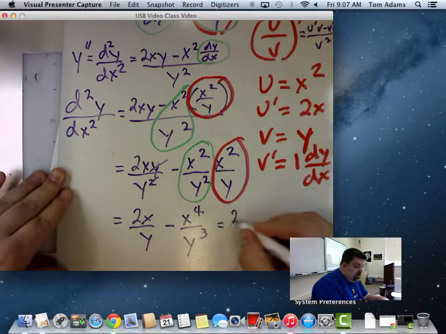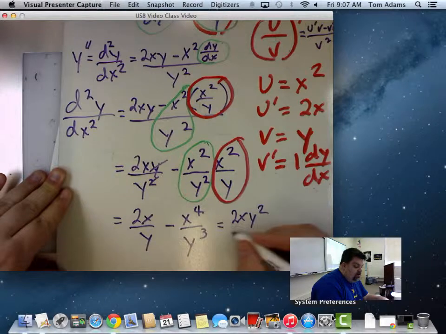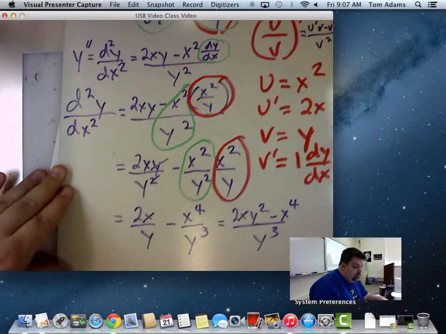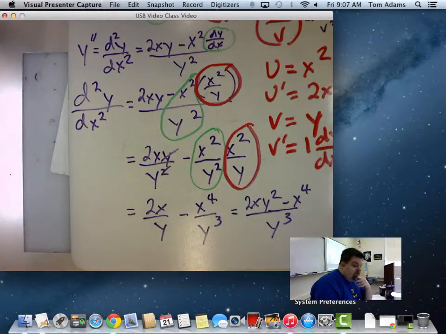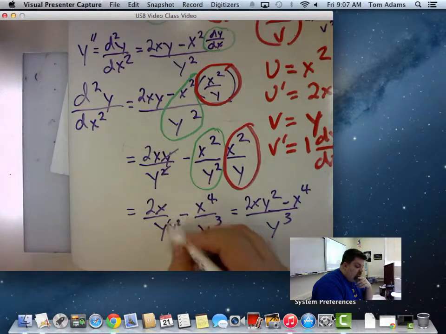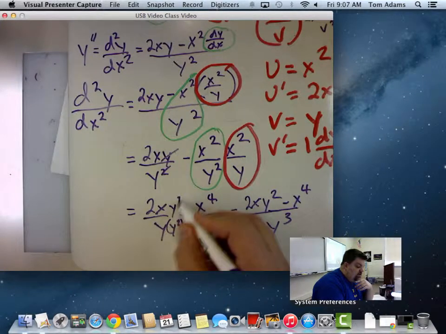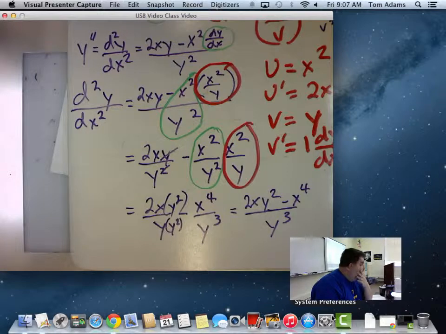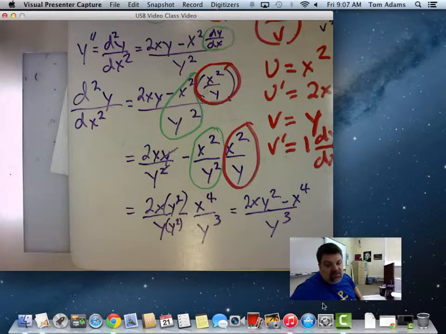That could be 2x y squared minus x to the fourth, all over y cubed. And you might say, Mr. Adams, how did you do that? Well, if I multiply this by y squared and multiply this by y squared, that gives me the common denominator of y cubed. You guys see that? Okay. And that is it. Does that make sense?